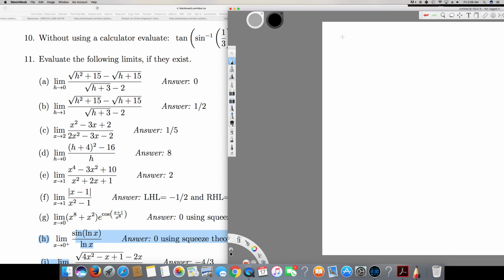First of all, whatever the cos value is, it should be between negative 1 and 1, right?